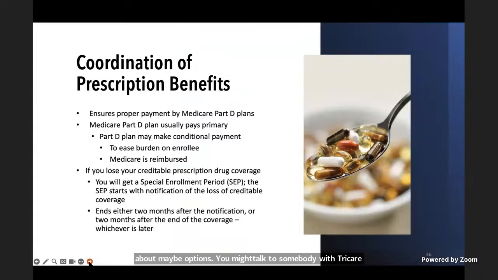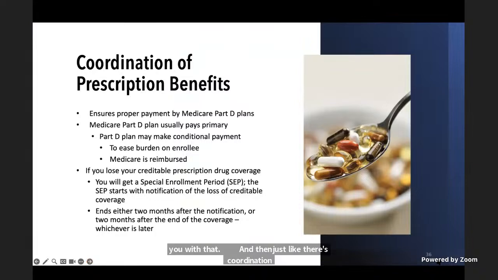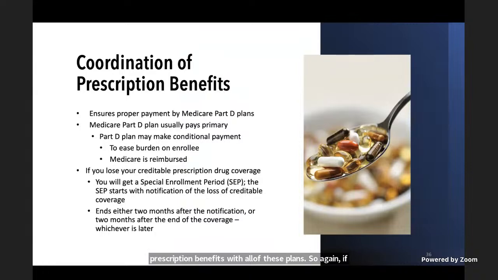And then just like there's coordination of your health benefits, there is coordination of your prescription benefits with all of these plans. So again, if you're covered under employee health coverage, talk over with your human resources department or your benefits manager about what you do with prescription drugs.